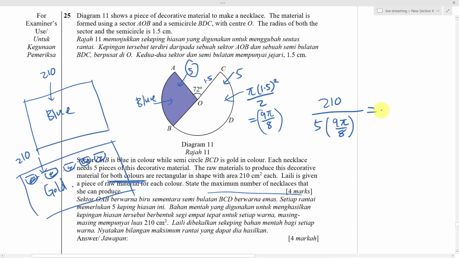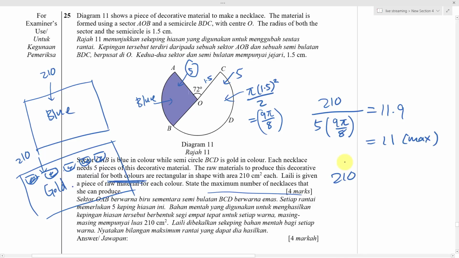Then I can know how many necklaces I can make here: 210 divided by 5 multiplied by 9 pi over 8. This tells me I can make 11.8 or 0.9, it doesn't matter. The maximum I can make here is 11.